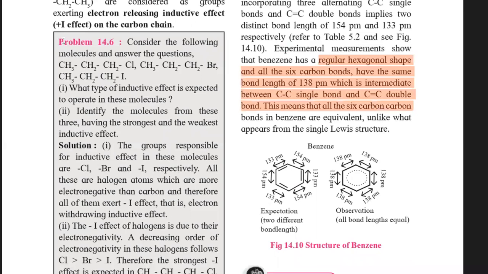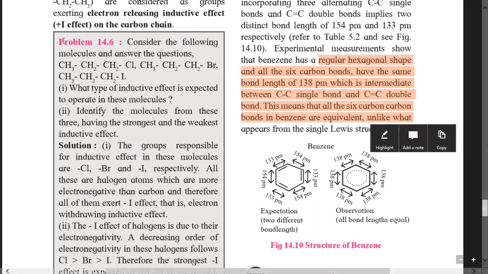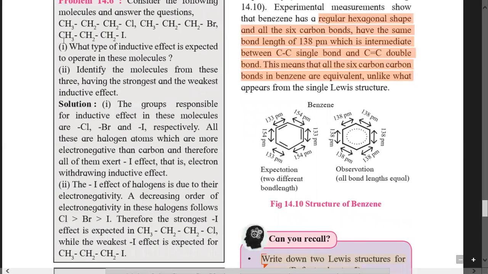This means that all 6 carbon-carbon bond lengths in the benzene molecule are equivalent, unlike what appears from the single Lewis structure of benzene.